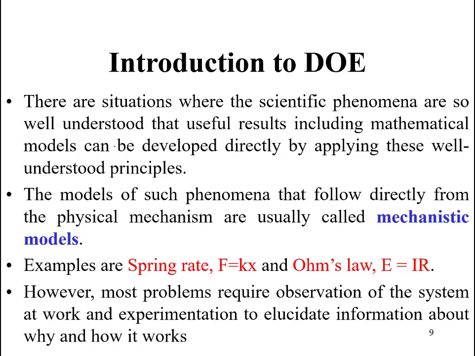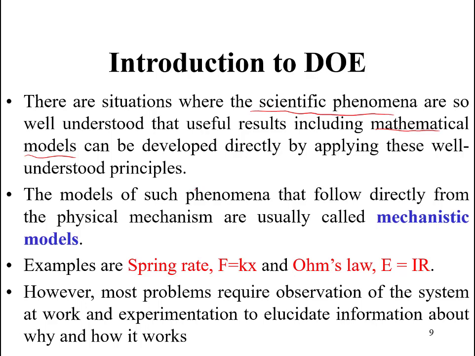And sometimes we need experiments even for some scientific principles or phenomena which you may already know about, but you need to have a mathematical model for them. Then by this mathematical model you can better understand that scientific phenomenon. For example, the relationship between the elevation and boiling temperature of water.